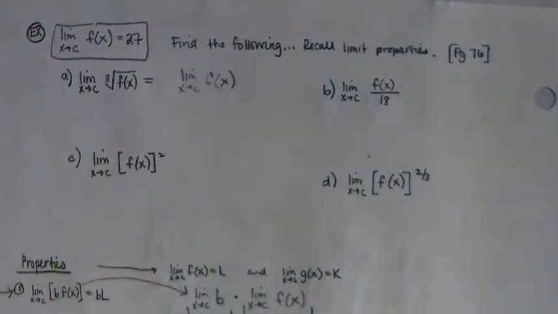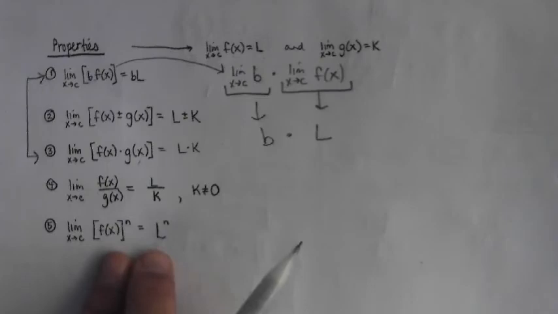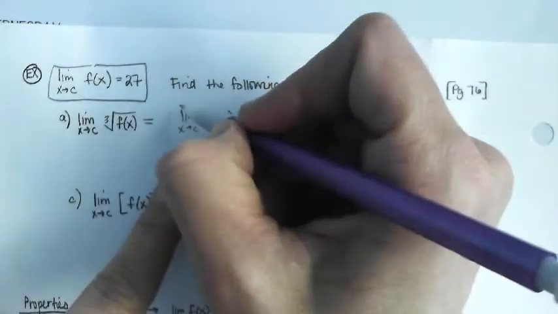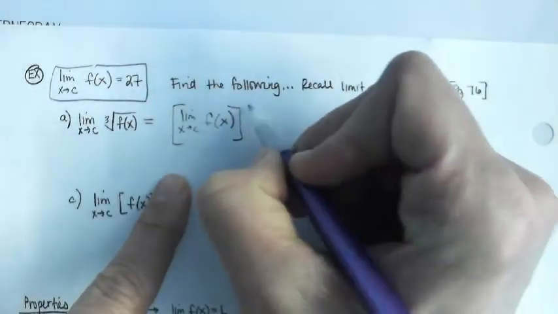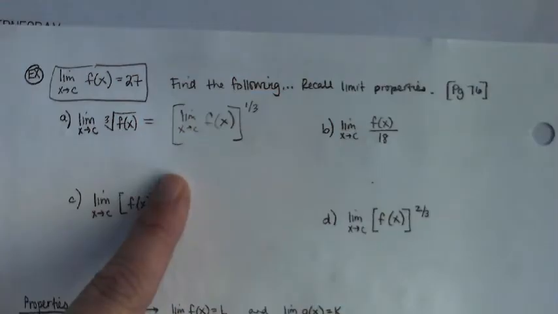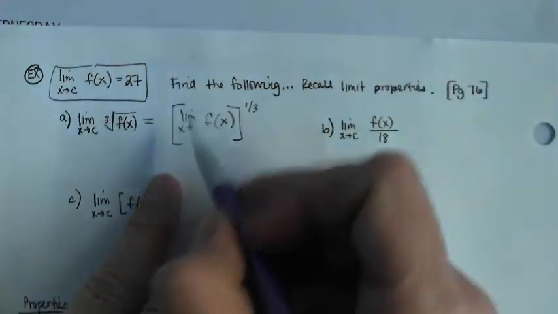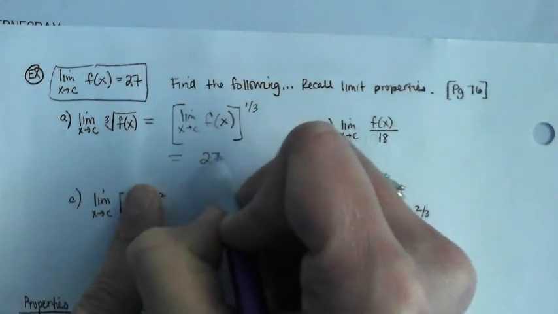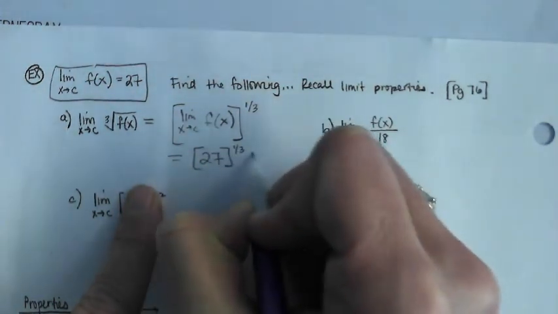So this would be using property 5. We'll just take the limit of the function first, and once we have that limit, we'll raise it to the 1/3 power. And again, they just told us that this was 27, so that's just 27 to the 1/3 power, which is 3.